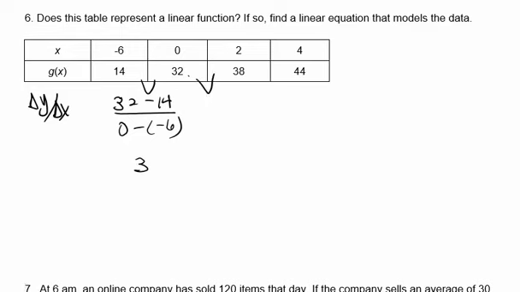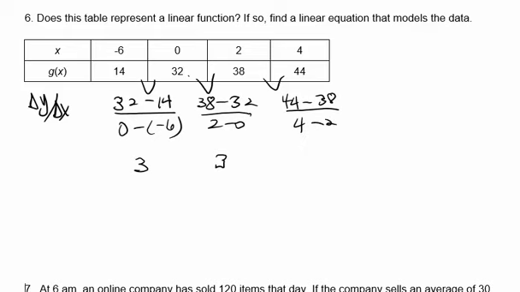And then we do the same calculation with the next 2 points. So 38 minus 32 over 2 minus 0, or 6 over 2, so that's also 3. And then the last 2 points, 44 minus 38 over 4 minus 2. Okay, again, 6 over 2, and so that's also a 3.